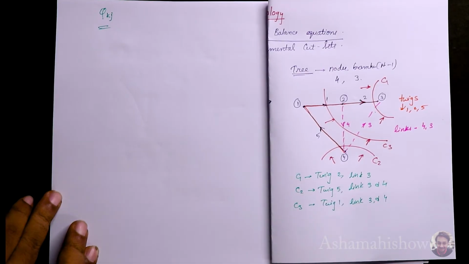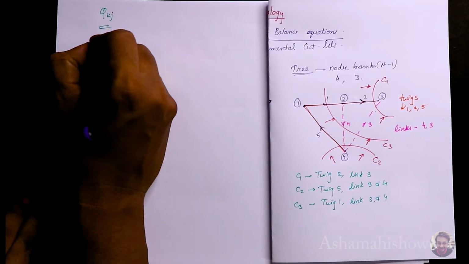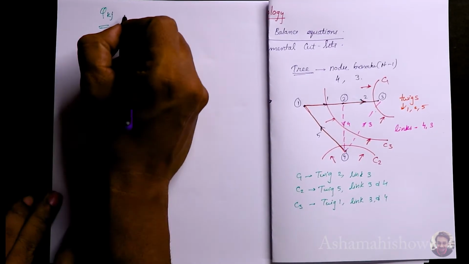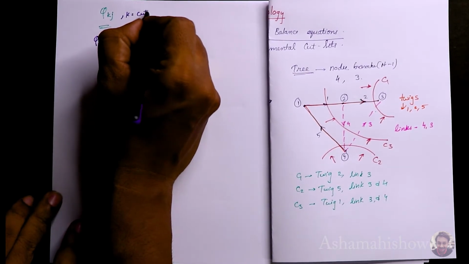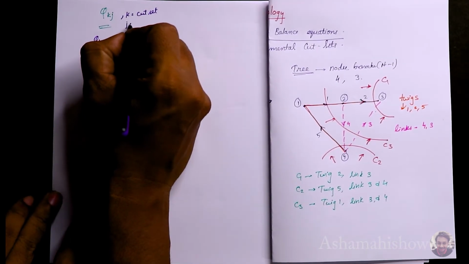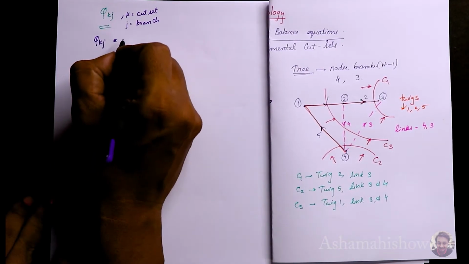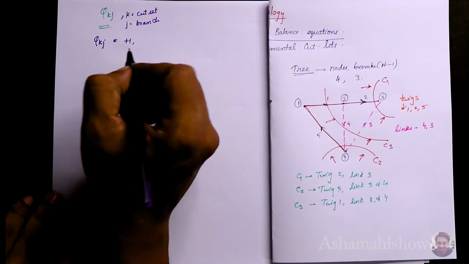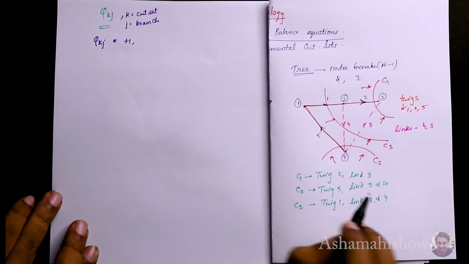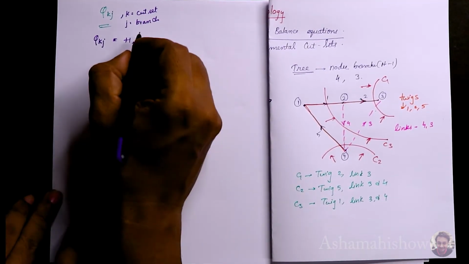So here, in QKJ, K is the cut set and J is the branch. QKJ is equal to plus 1 when the cut set and the branch are in the same direction.